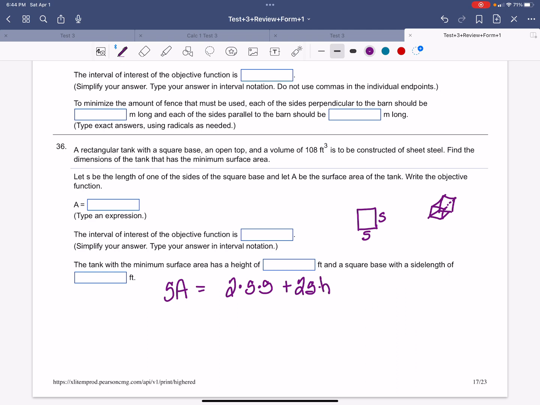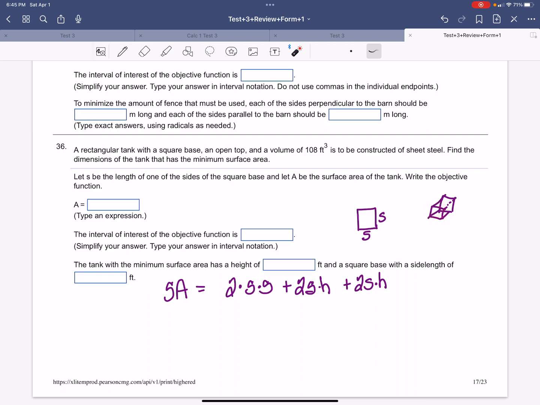And then we're going to have another rectangle, this rectangle right here, and the rectangle on the back is also going to be S times height, so 2 times S times height. The reason that these are exactly the same is because the base is square. If it wasn't square, then they wouldn't be the same.